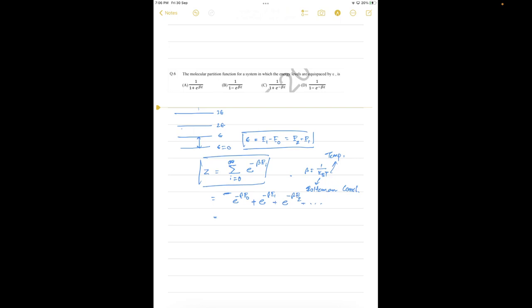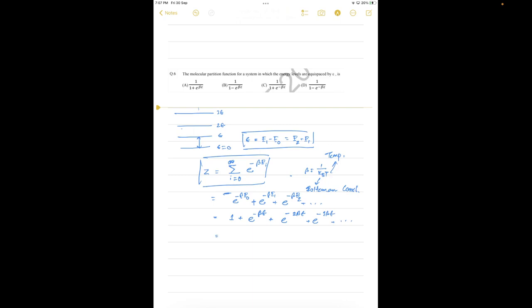Now we know all the values of E0, E1, E2. The first term will be e to the power minus beta times 0, since E0 equal to 0, we have assumed that. So e to the power 0 equal to 1, plus e to the power minus beta epsilon, since E1 equal to epsilon, then e to the power minus 2 beta epsilon, since E2 equal to 2 epsilon, plus exponential minus 3 beta epsilon, like this.